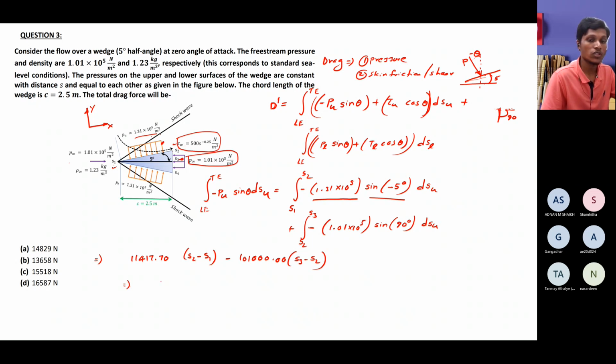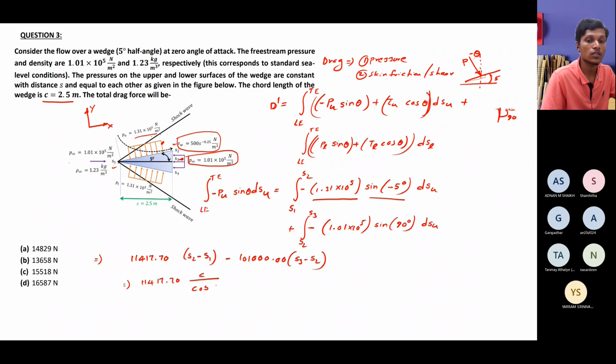So on further simplification, how can you write this s2 minus s1? The chord length c is the distance between here and here, that is, c equals 2.5 meters. If you resolve that using trigonometry, you will get c by cos 5 degrees. In the same way, if you resolve it again, this comes to be c times tan 5 degrees.